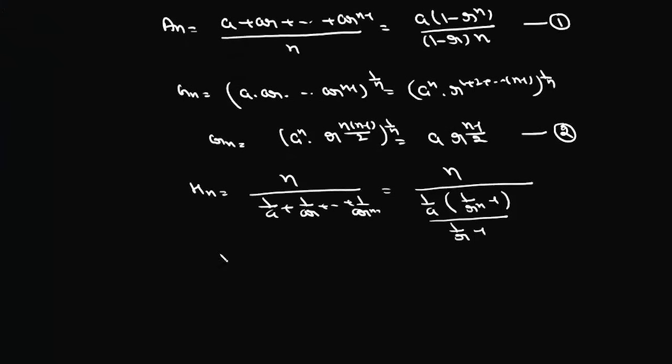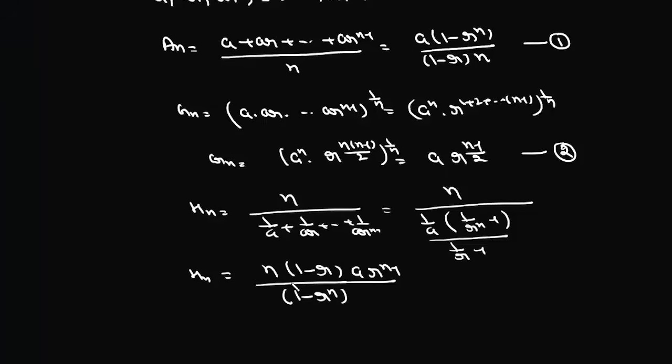We can simplify this as n into (1 minus r) into ar to the power n minus 1 upon (1 minus r to the power n).